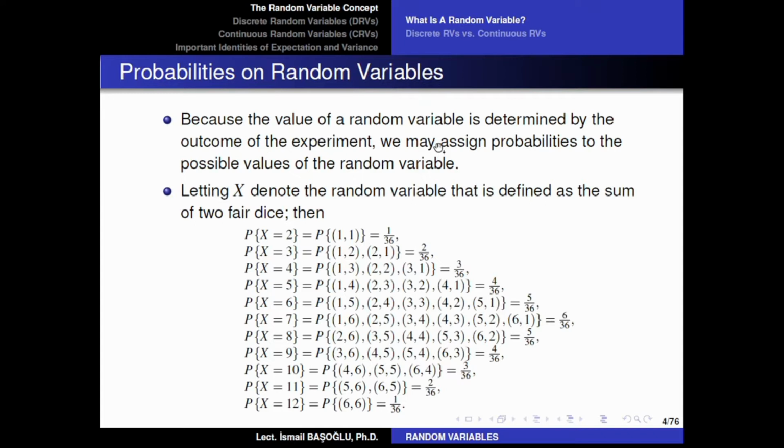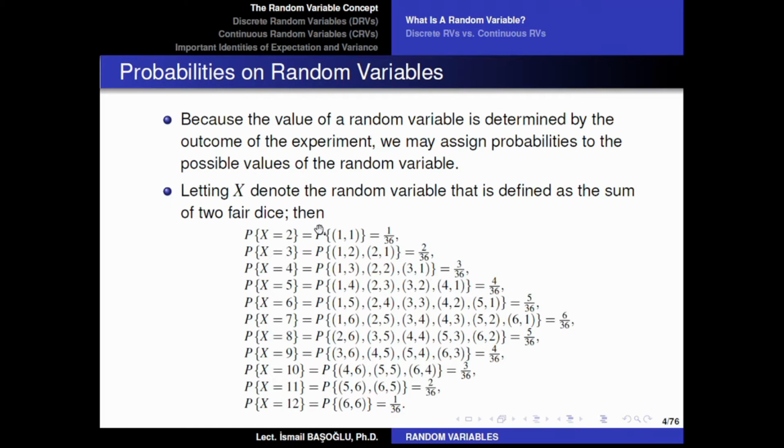And because the outcomes have probabilities and the events have probabilities, therefore, the random variable to take a certain value will have a probability as well. So random variables will take possible values with respect to the outcomes of the underlying experiment, and they will take these values with respect to the probabilities of the corresponding events.